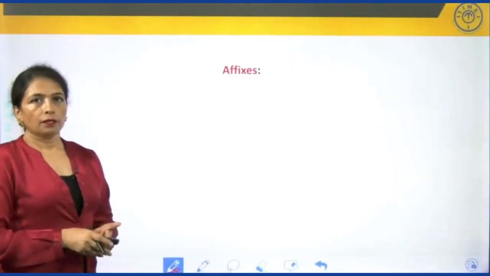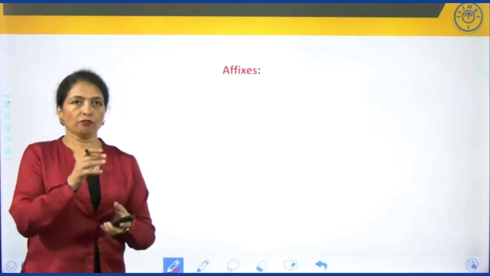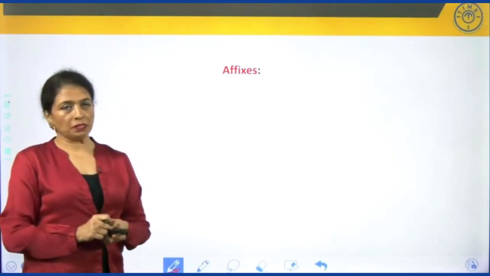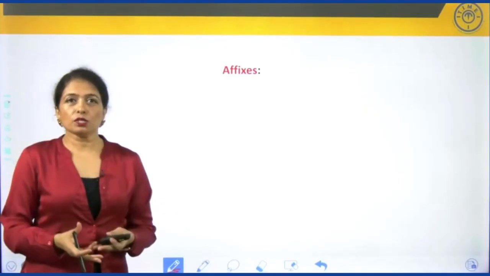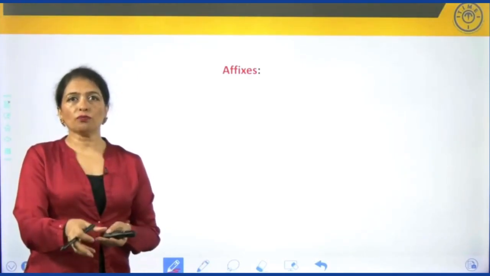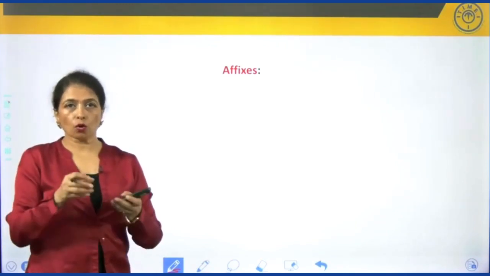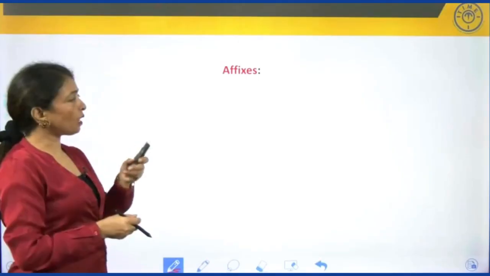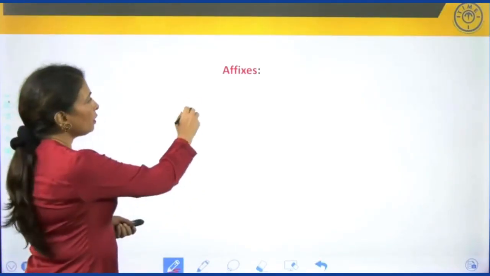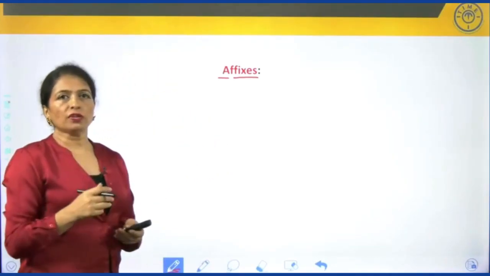Now, I'll give you some idea on affixes. First, let's understand what this word means. Because we are in the process of dissecting words and trying to look for those groups of letters that are contained in them, this should help us also do the same with this word which I have right here before you, affix. So, ad and fix. So, what does fix mean? Fix means to attach.